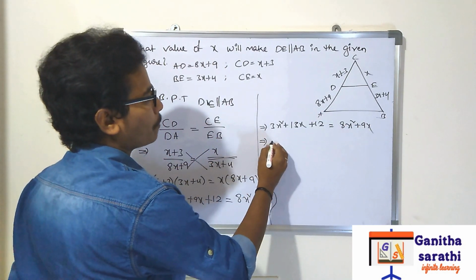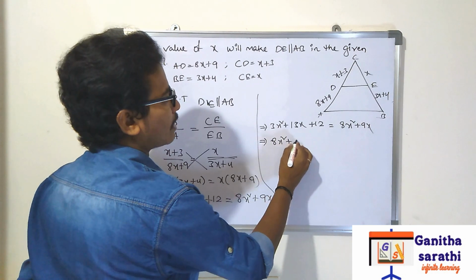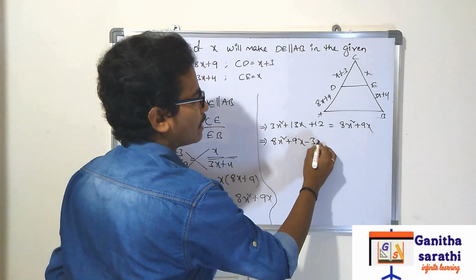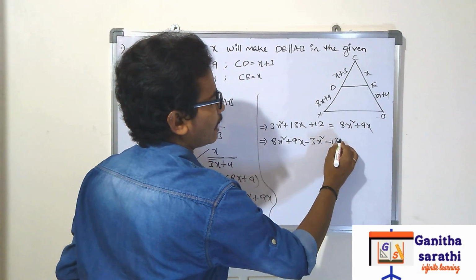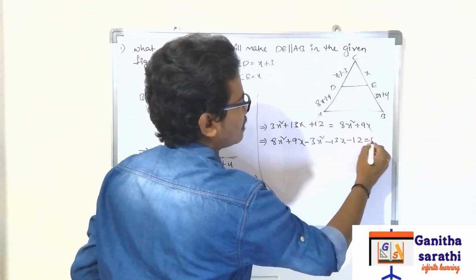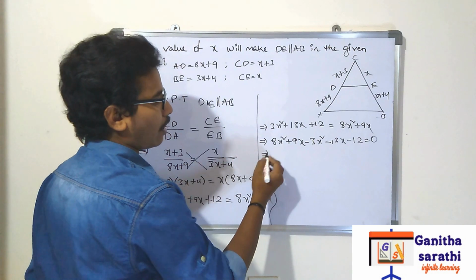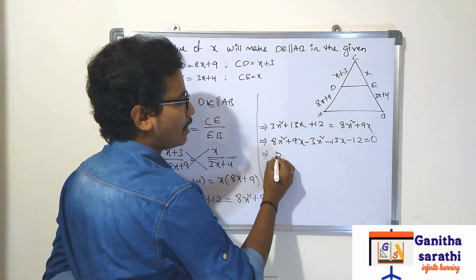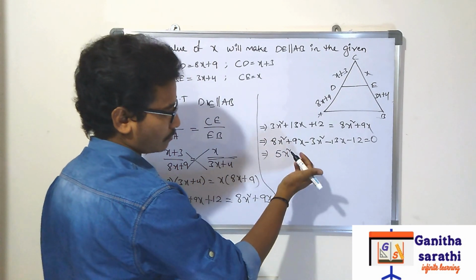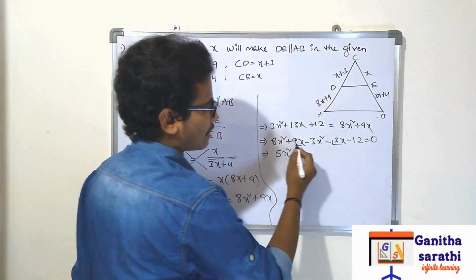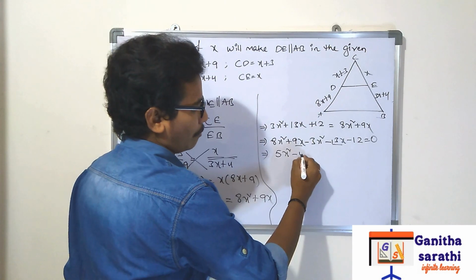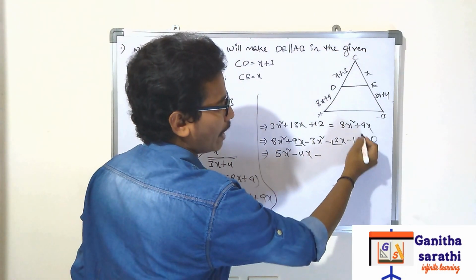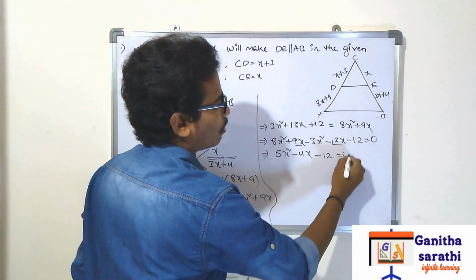Now 8x square plus 9x plus 3x square will become minus 3x square minus 13x minus 12 is equal to 0. Okay. Now 8x square minus 3x square will be 5x square. 9x minus 13x will be minus 4x, and the remaining number is minus 12.